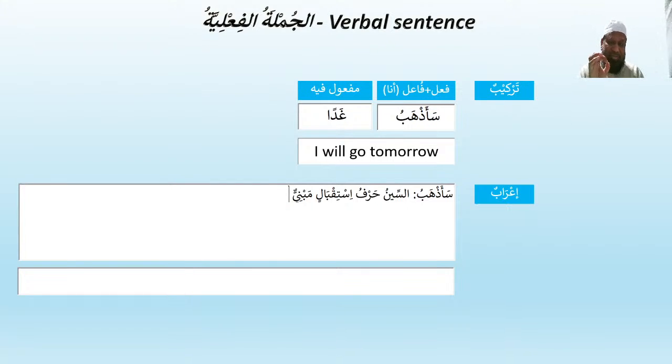Exactly the same rule applies to fi'l al-madi. The last letter of fi'l al-madi, if you pronounce it with the fatha, is mabni ala al-fath. If you pronounce it with the sukoon, it is mabni ala al-sukoon. These are the two mabni forms of fi'l al-madi.